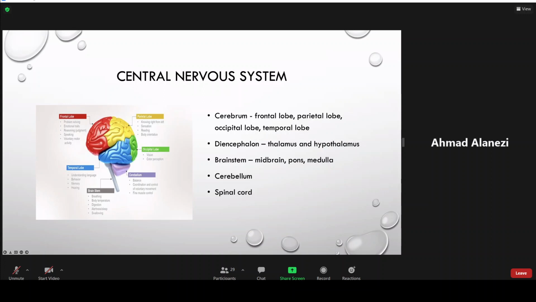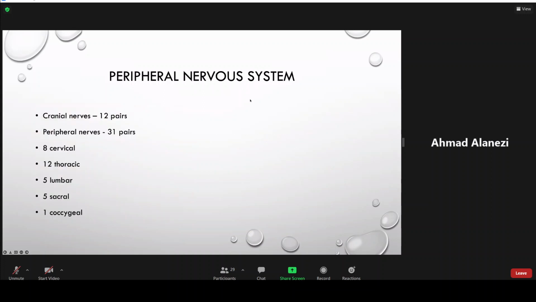Occipital lobe, you all know the function involves vision, color vision, and to a lesser extent eye movement as well. So in the peripheral nervous system, we have 12 pairs of cranial nerves and 31 pairs of peripheral nerves: 8 cervical, 12 thoracic, 5 lumbar, 5 sacral, and 1 coccygeal.